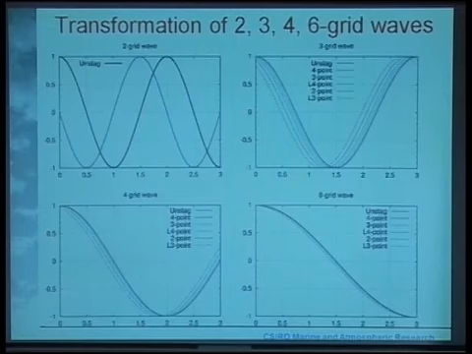So just showing what waves do in this reversible process. A two-grid wave on the unstaggered system is also a two-grid wave on the staggered one. It's displaced a bit. Three-grid wave is just moved a little bit. Four-grid wave, and so on. Six-grid.